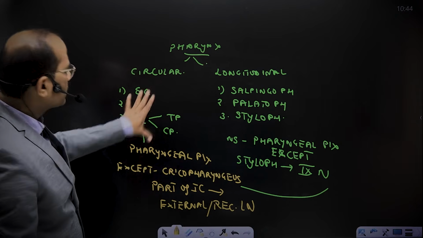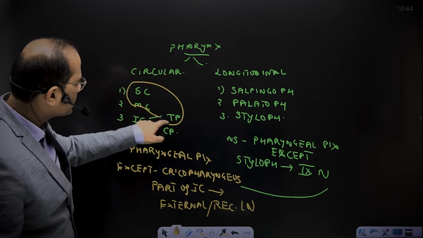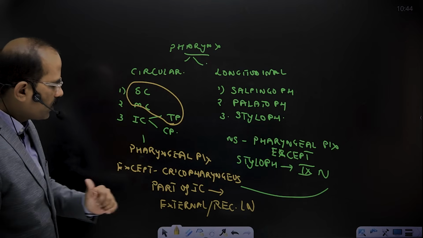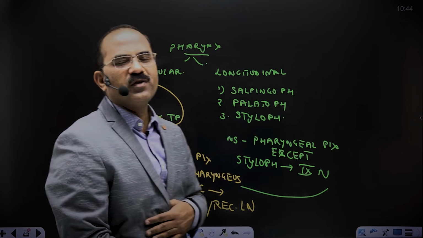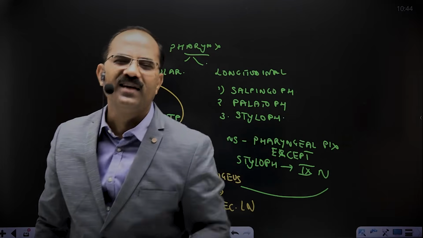So all the circular muscles, superior, middle, and the thyropharyngeus part of the inferior constrictor, are supplied by the pharyngeal plexus, except the cricopharyngeus part, which is supplied by a different nerve.